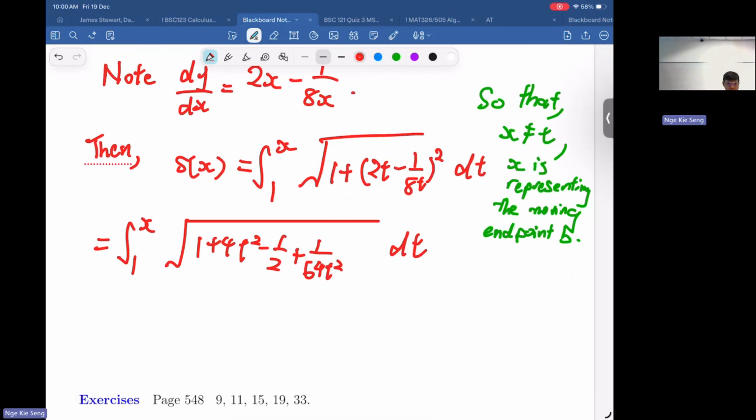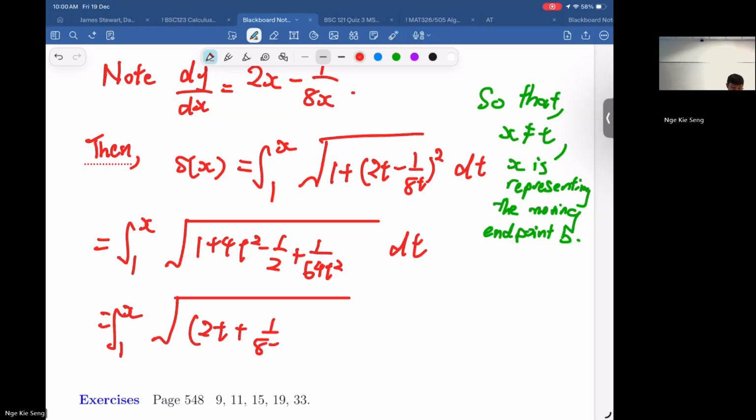And then what's next? And then you realize that you can factorize this. Is it true? Let's check.